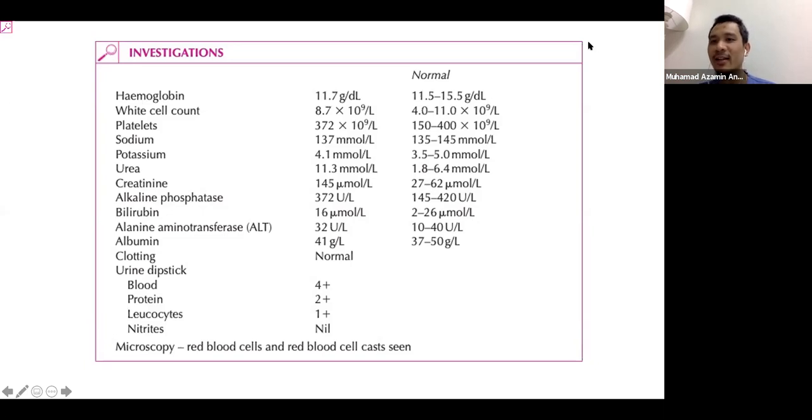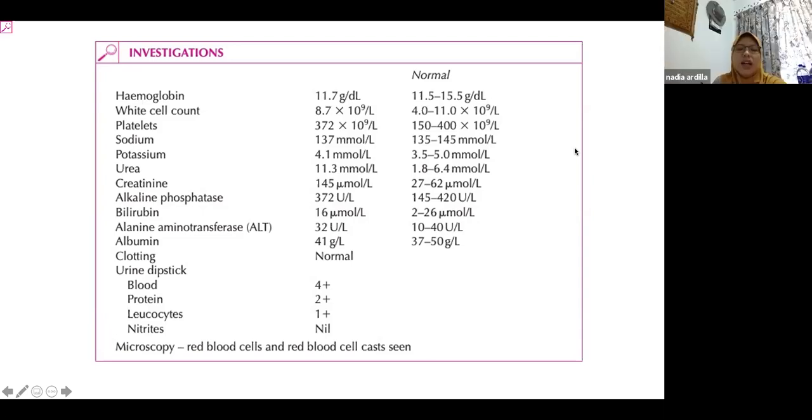Do you agree that is the evidence, or do you want to add on, or do you want to swing to another kind of argument? Nadia, do you agree there is evidence of nephritis because of blood and protein in the urine? I do agree, because nephritis must have hematuria, and the microscopy also shows red blood cells, so it's microscopic and macroscopic hematuria.